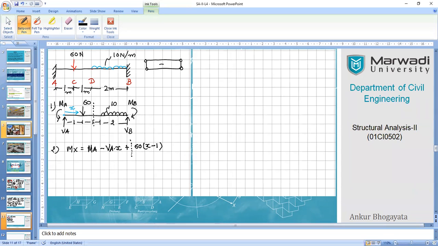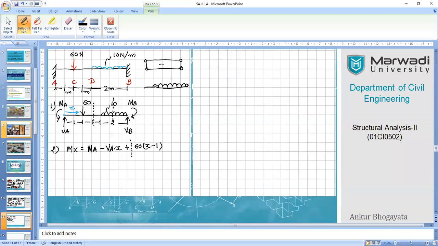Is it okay? Now we come into another frame, D to B. This was the area between C to D, and we developed this equation. Further, if we look at the D to B area, we have a UDL, and you know how to develop the equation for the UDL when X has reached this region. Let me separately draw it. Let's say here, this is your UDL.